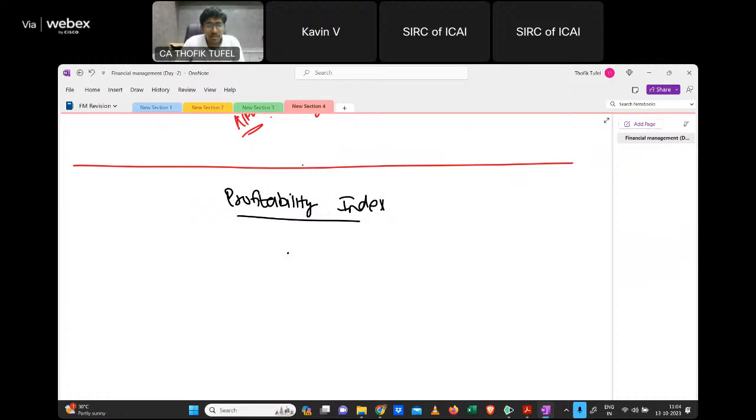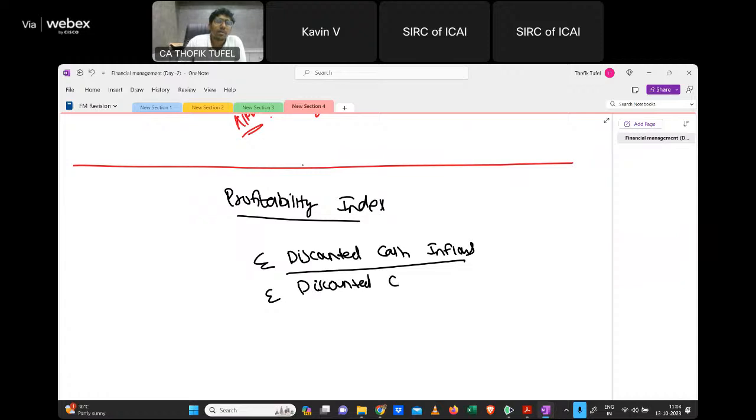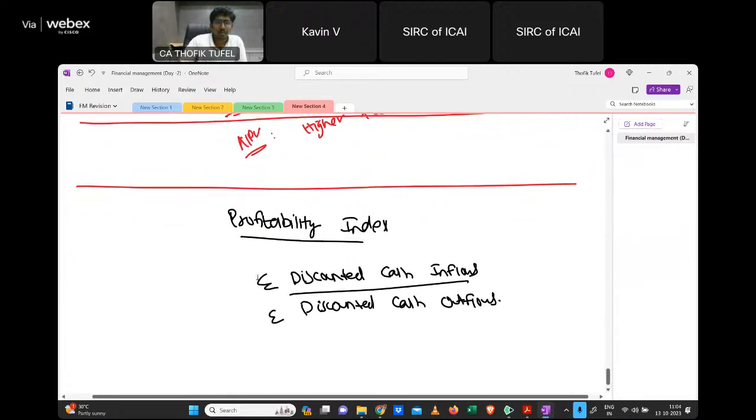this: total discounted cash inflows divided by total discounted cash outflows. Just an example I'm taking.